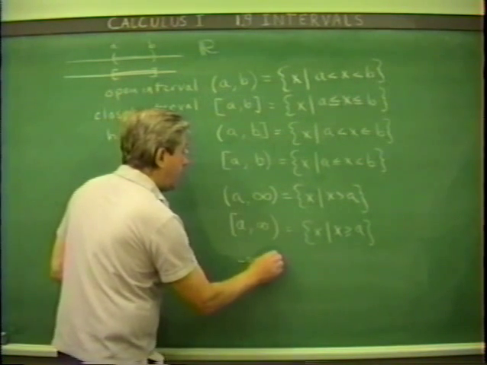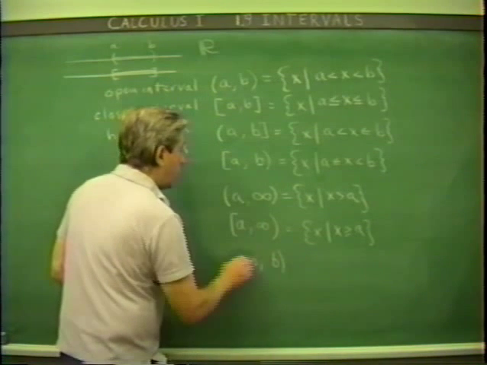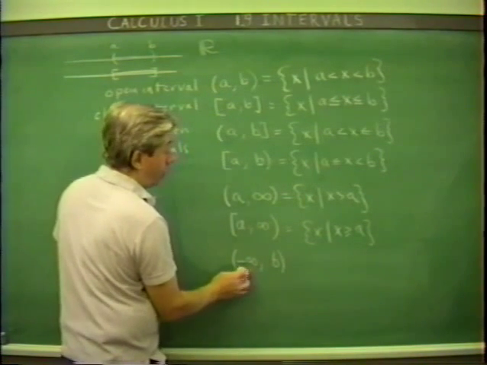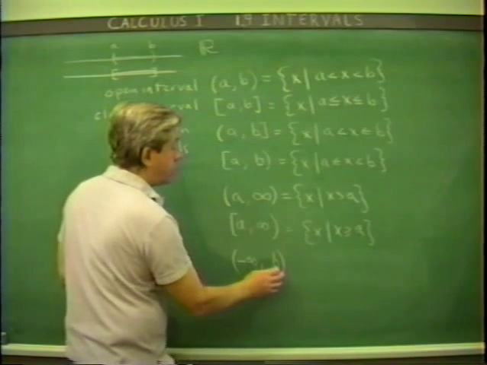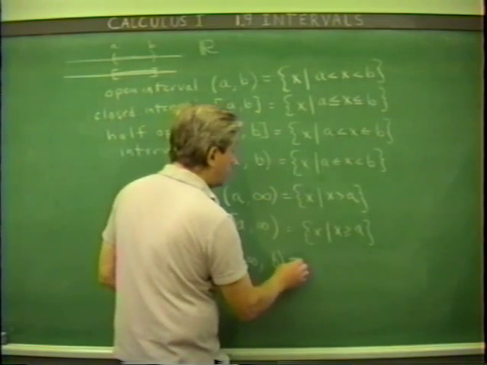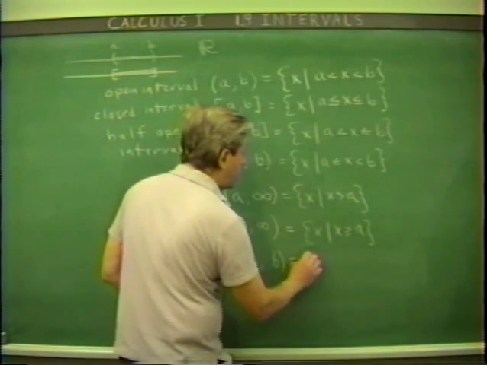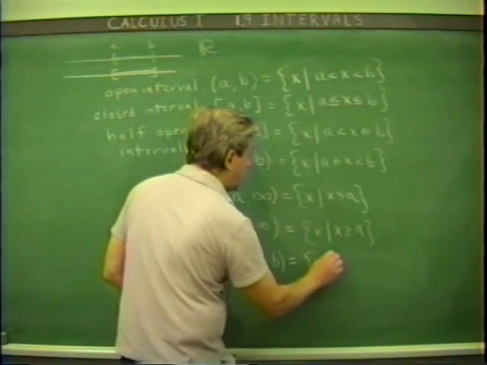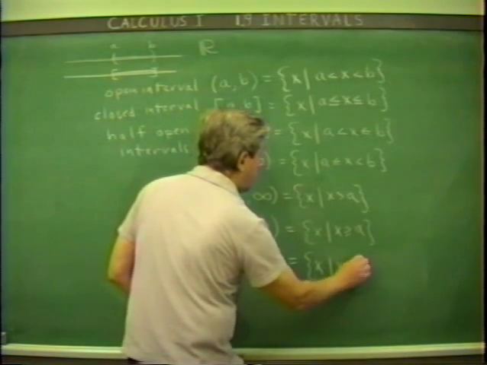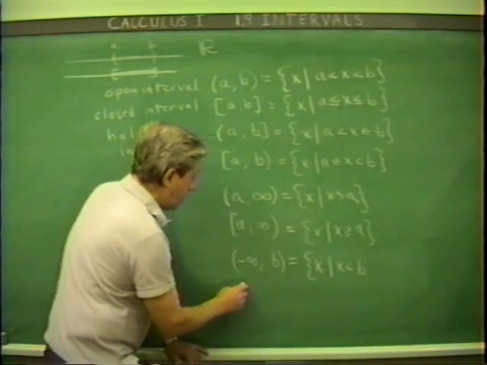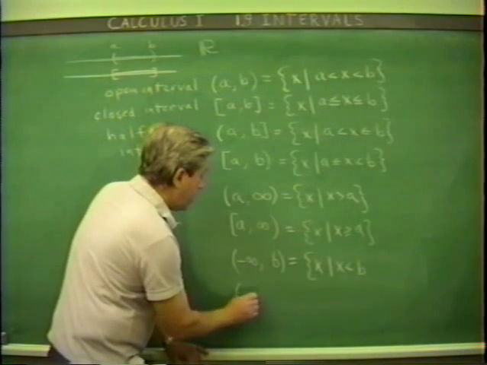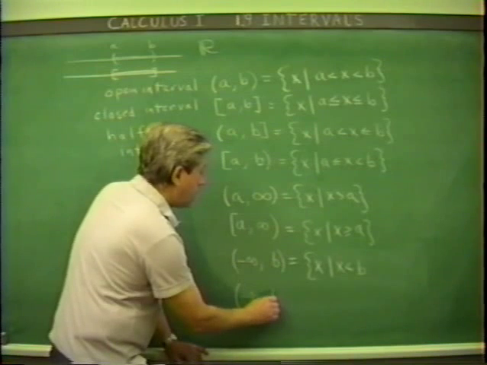And we also use the intervals from minus infinity to, let's say, b. Here, always excluding the minus infinity, there's no such number, and excluding b here. And this is going to be equal to the set of x such that x is less than b.